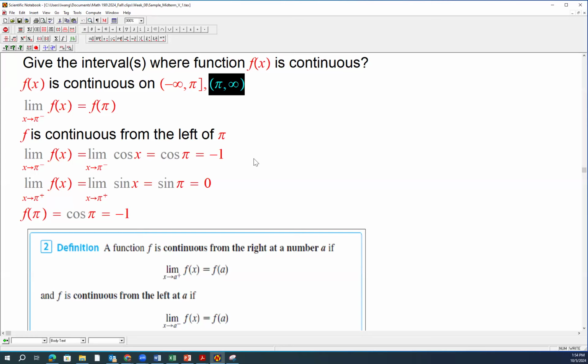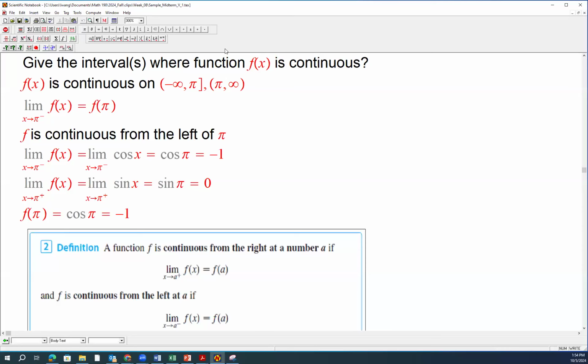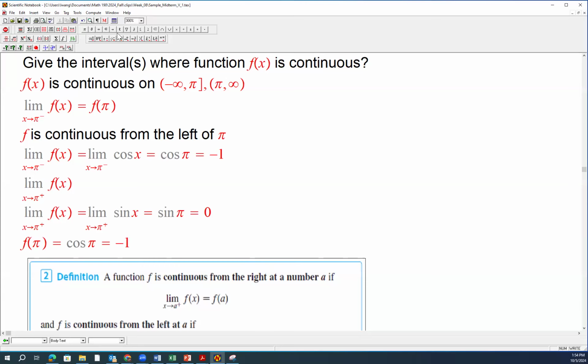The answer is no. So f is continuous from the left of pi, but the limit of the function is not the same as f of pi, because it equals 0.